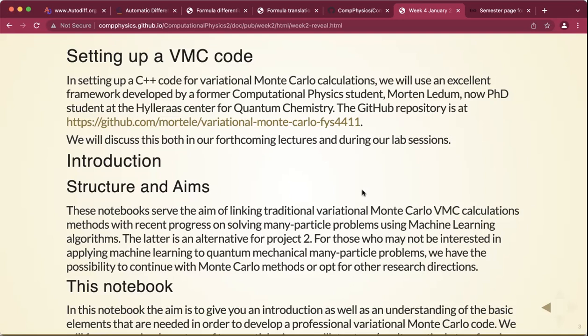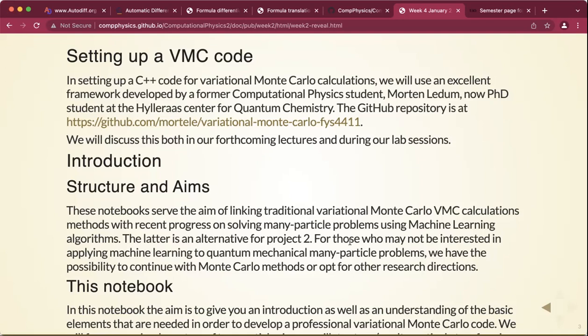Now, to give you an overview of what we are going to do, basically every mathematical ingredient which enters the setup of a program is something which you can reuse in project number 2.